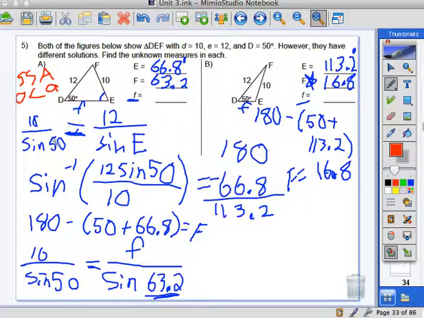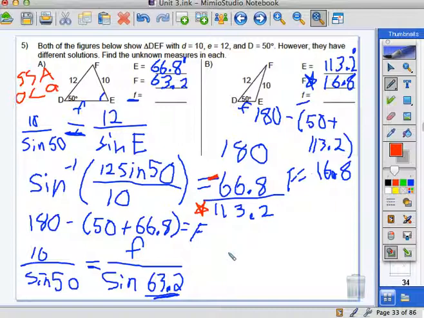What we did first is we found the first option for our measurement for angle E. Then we subtracted it from 180 degrees, and that gave us the alternative angle measurement for E. Then you find your two F's, and then you can find any other missing information.